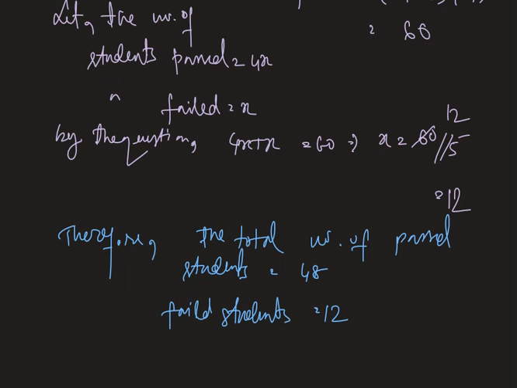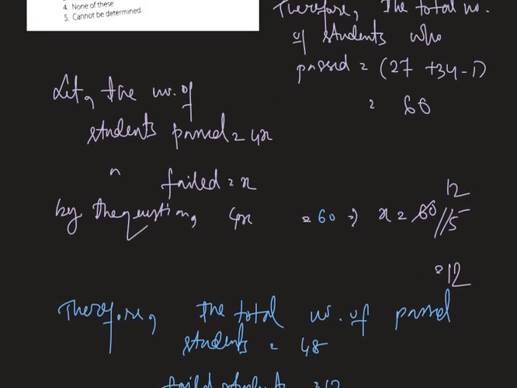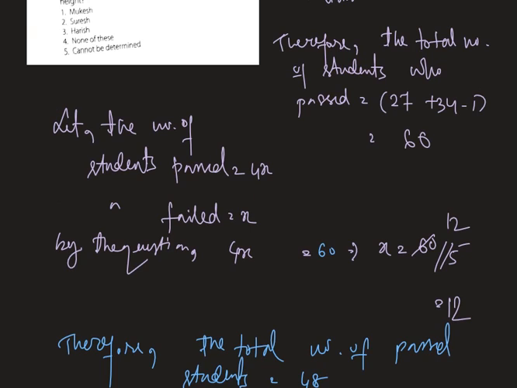Sorry, I have made a mistake here. This must be 4x equals 60, because 60 is the number of students who have passed the examination. Therefore the value of x is 60 by 4.